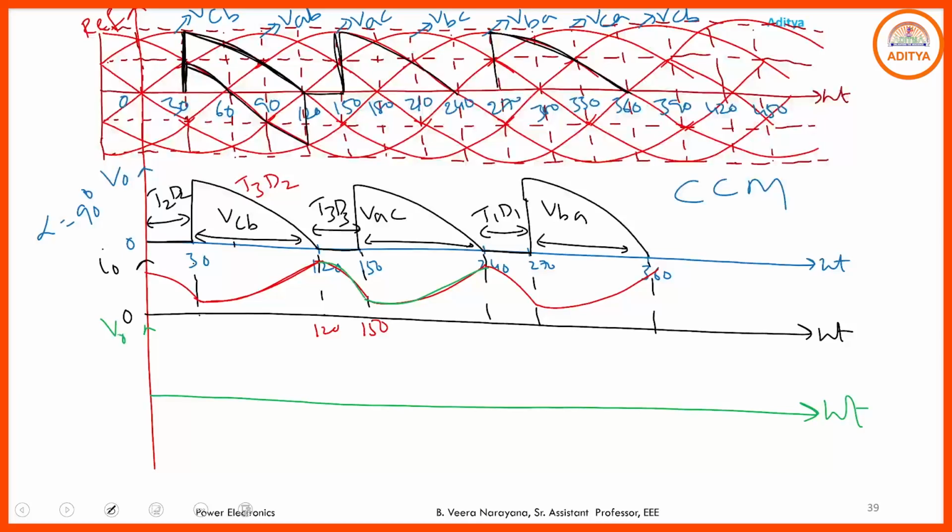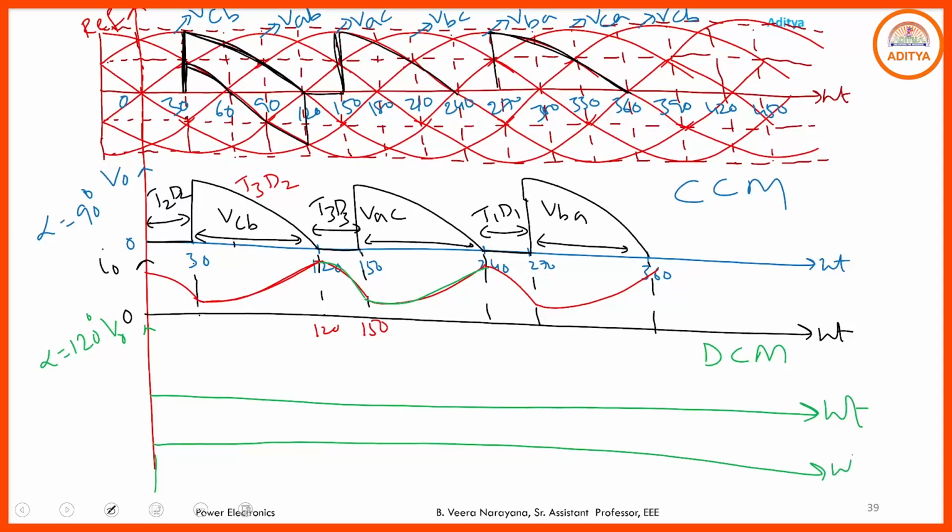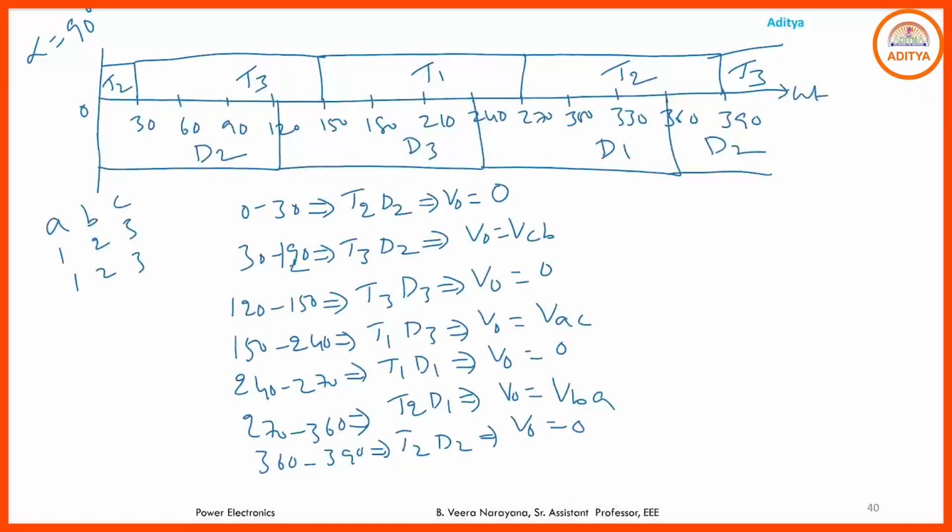Here I just want to draw the output voltage for alpha equal to 120 degrees under discontinuous conduction mode, and we also observe the current waveform. So first, you draw the timing diagram for alpha equal to 120 degrees.